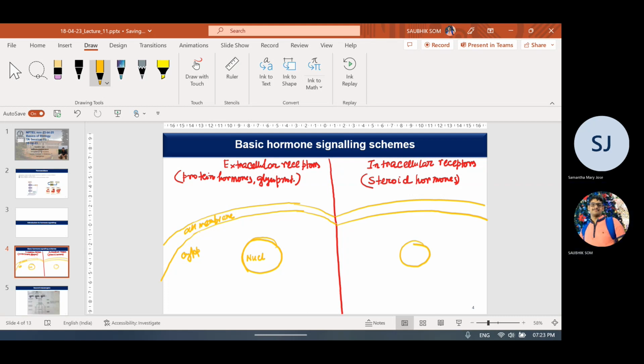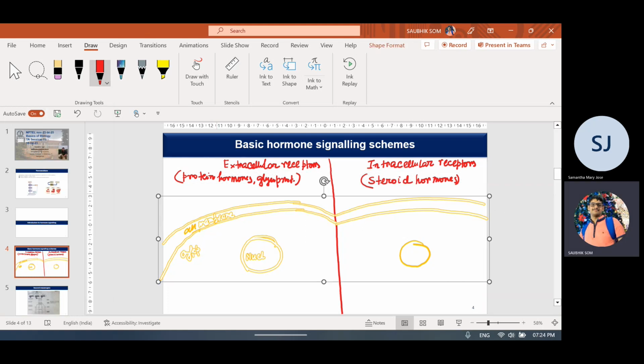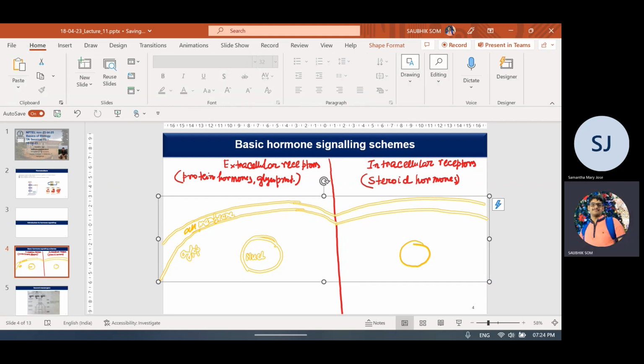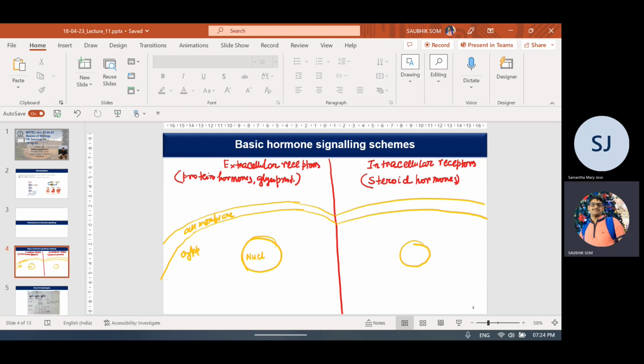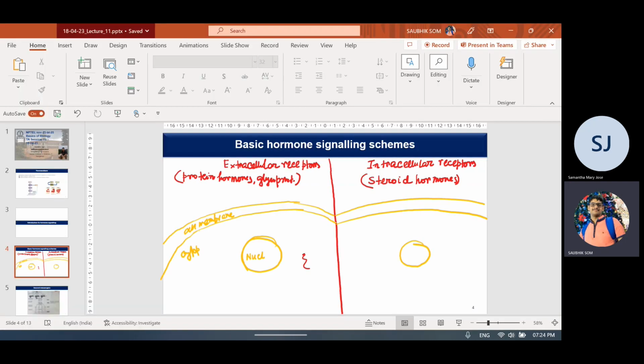So for extracellular hormones, the hormones will be... it doesn't even know how to do the undo here. Okay. For extracellular hormones, a shortcut actually.